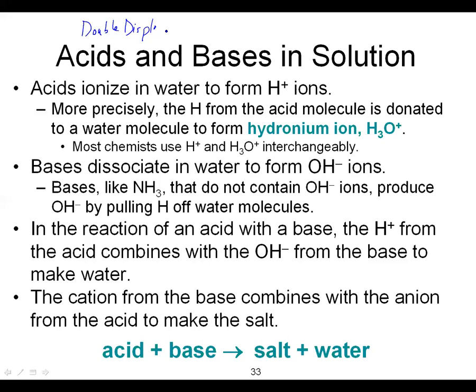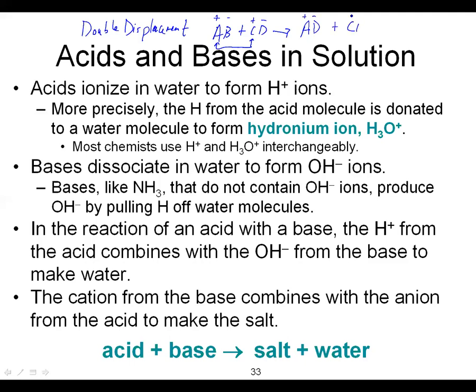Remember, in a double displacement reaction, the way you recognize it is you're starting with two ionic compounds. So something is positive and negative. Ultimately, what happens is the two positive ions, the two cations, will switch partners, and they will make two new ionic compounds when they do switch partners.